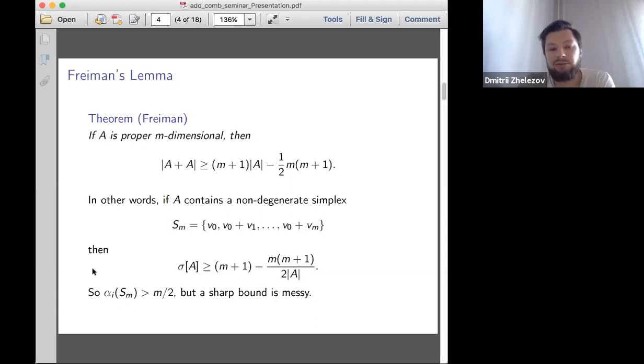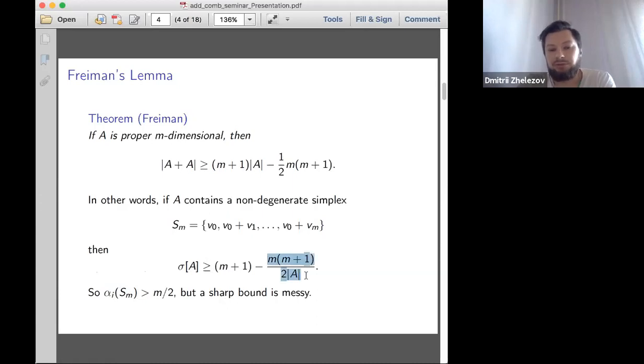So here is the precise formulation, and if you divide by the size of the set, then you will see that in the case of an m-dimensional simplex, we already have a non-trivial induced doubling of size roughly m/2.